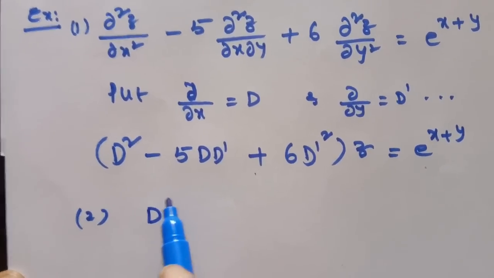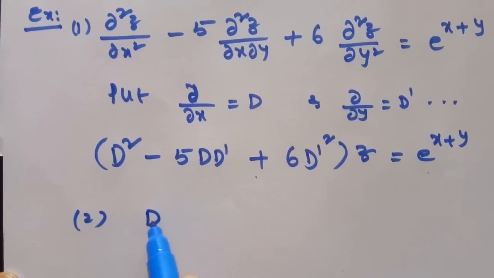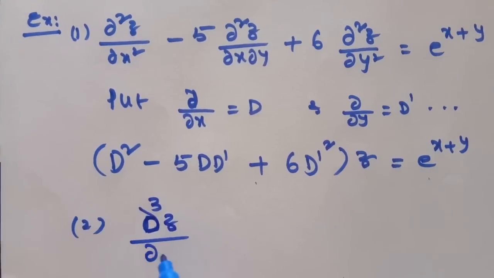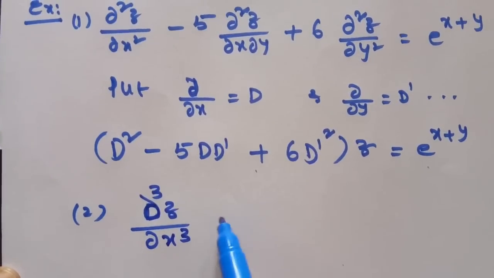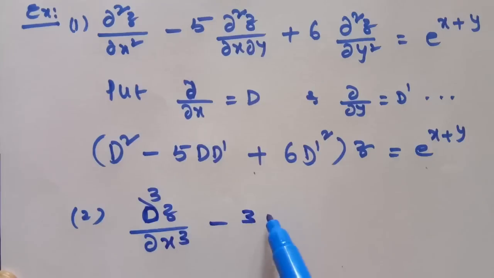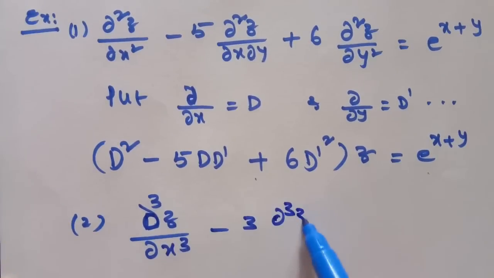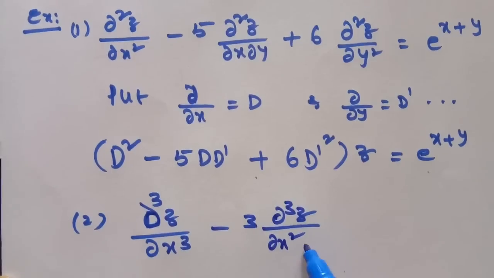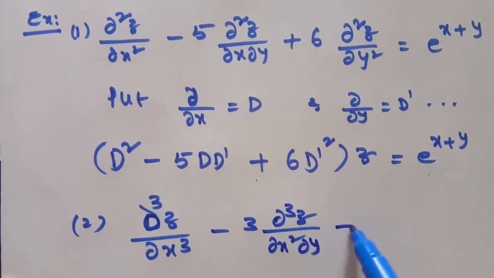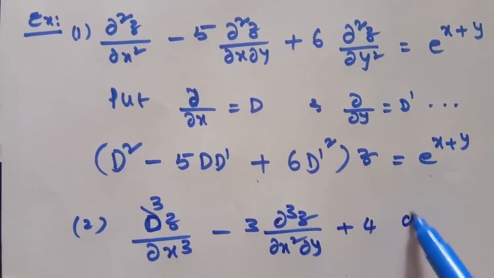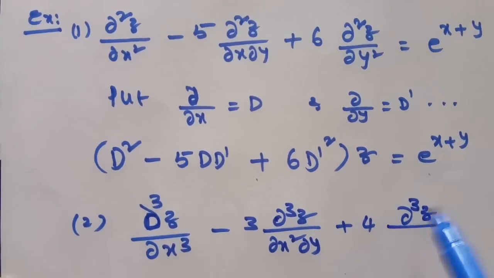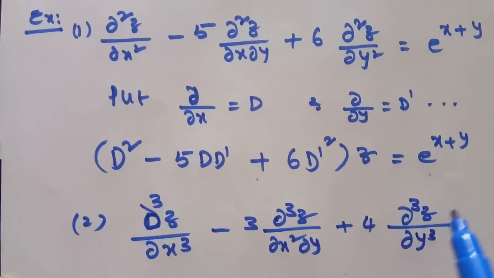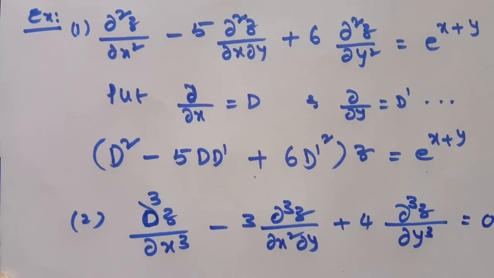Now this is ∂³z/∂x³ minus 3 into ∂³z/∂x²∂y plus 4 into the third derivative of z with respect to y 3 times, equal to 0.